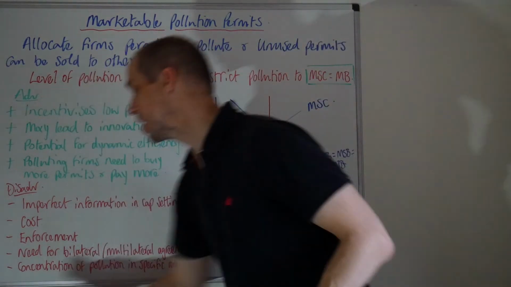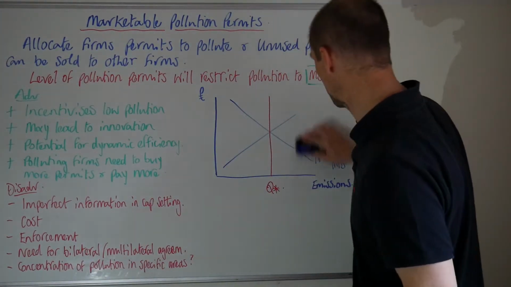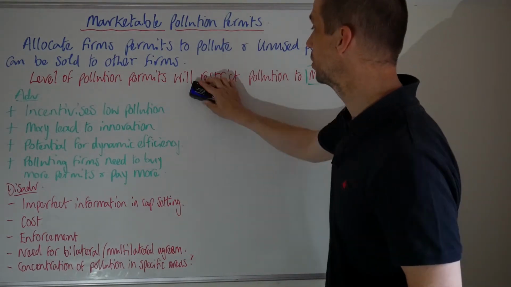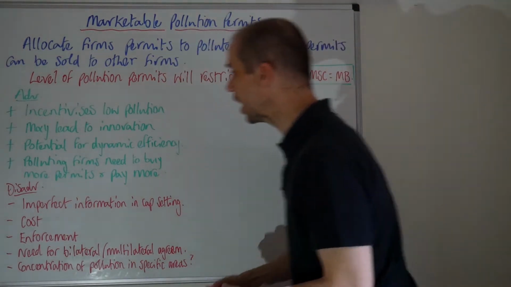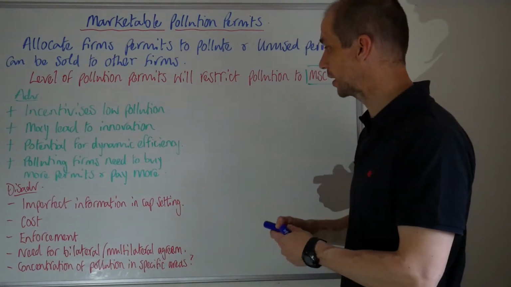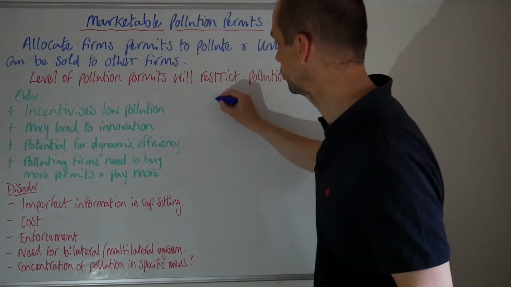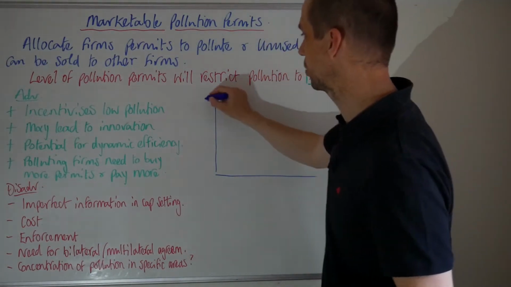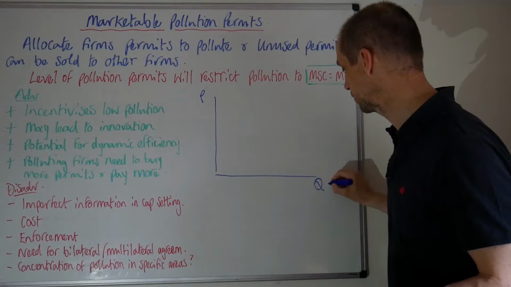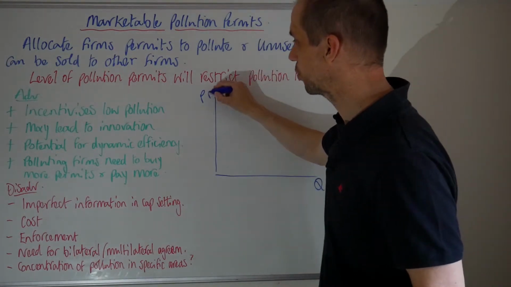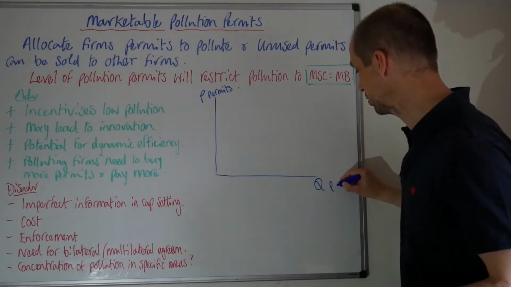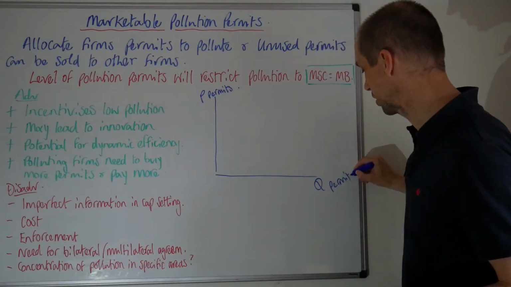Okay, now there is of course another diagram that you could use within this model as well, and that reflects the situation facing the firm and the level of pollution permits that are available. So let's take a look at that. If we draw out the price and quantity, here we're dealing with the price of the pollution permits themselves and the quantity of permits that are available.